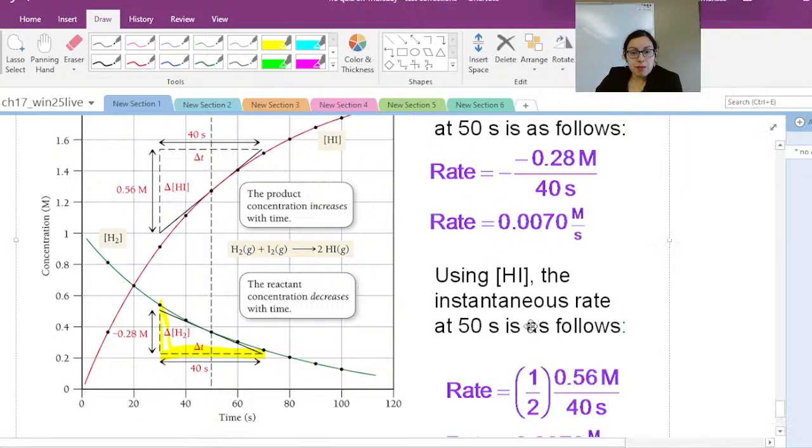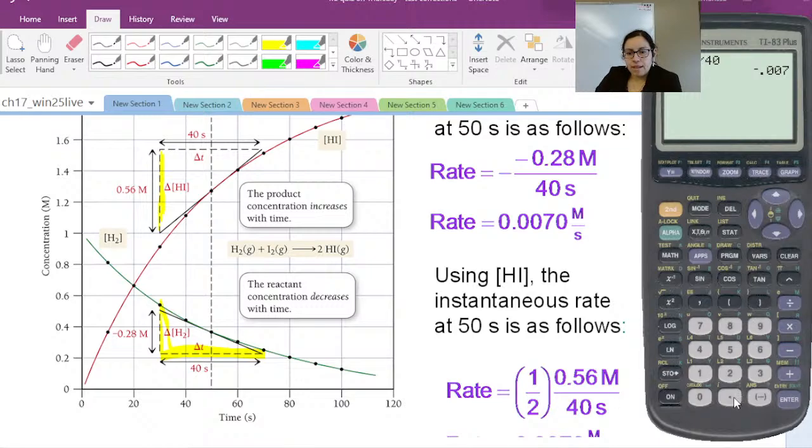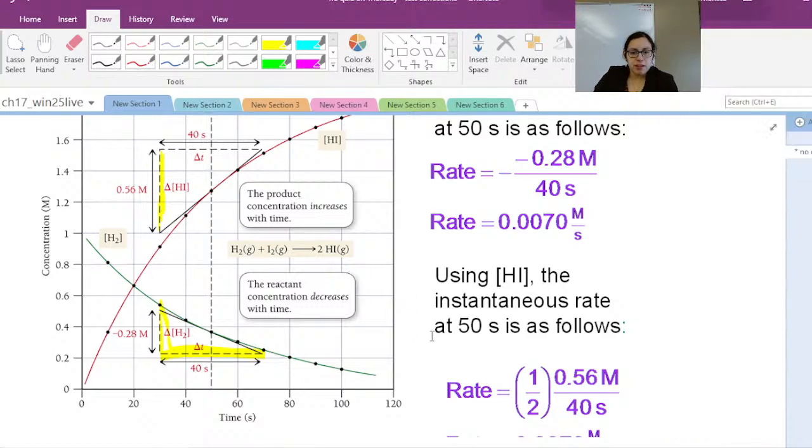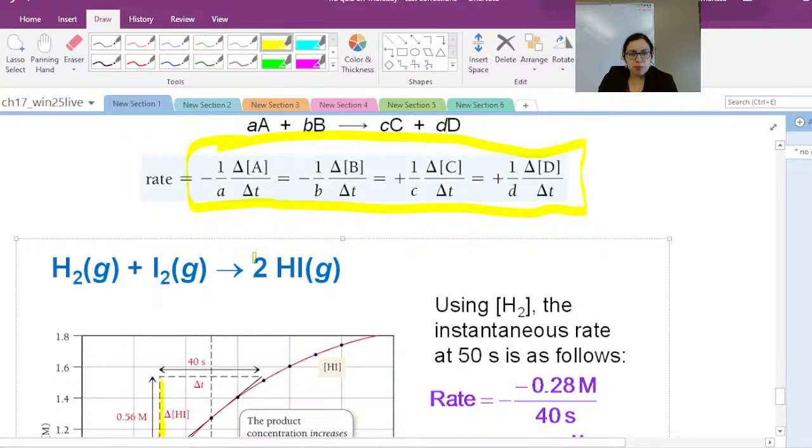Let's compare that with HI. They did it for us: our change in Y is 0.56, divided by 40. We haven't made the correction yet, so I'm just showing you it's twice as much, and that's what we expect, since we said it's forming 2 equivalents of HI.